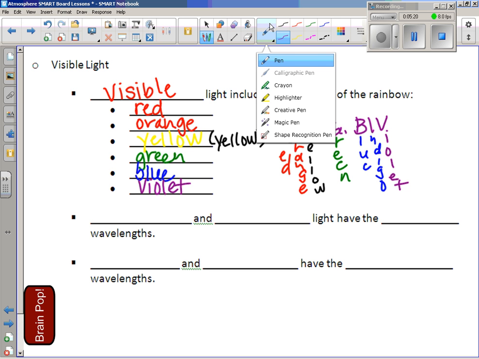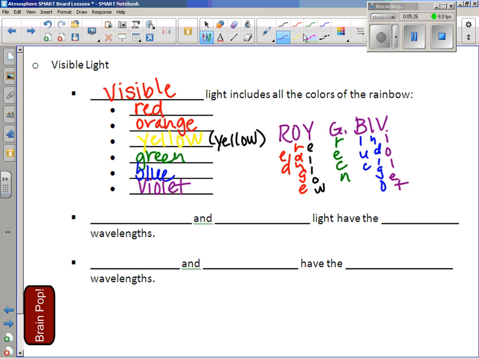So these are all of the different types of light that you can actually see that are considered visible light. Now, red and orange light have the longest wavelengths. So these are the longest. Okay, so up here where you have Roy G. Biv, let's write longest.